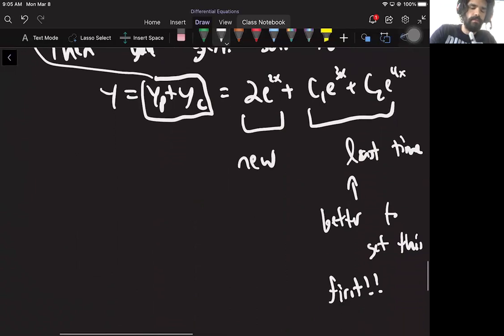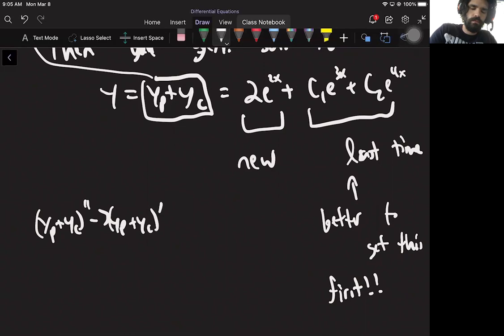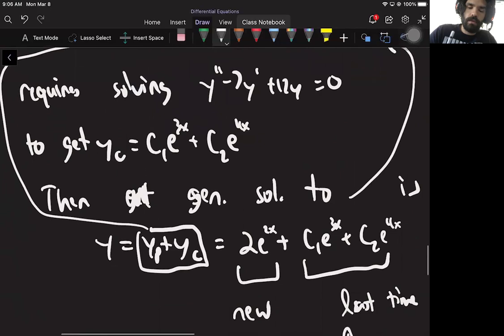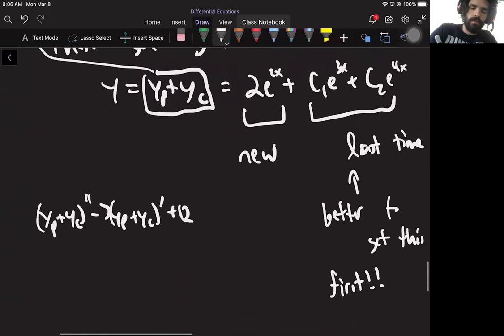If I plug that in, the reason it works is because the derivative goes through addition nicely.